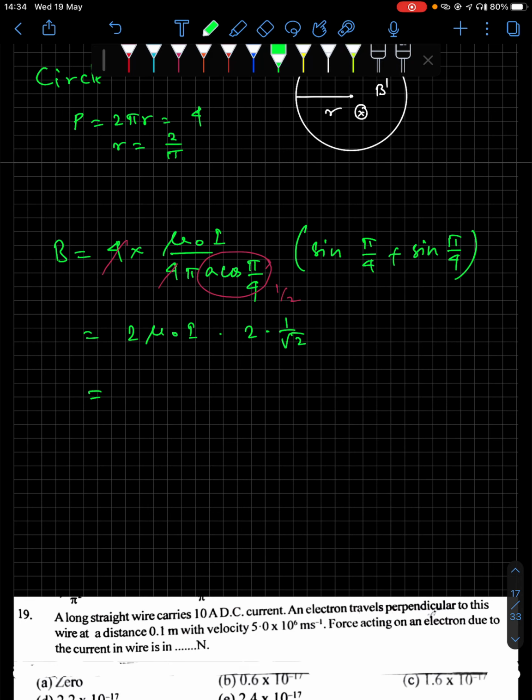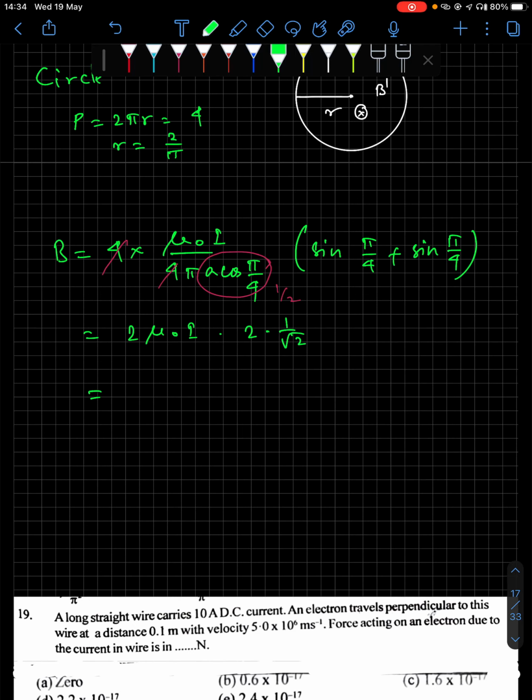Did I make a mistake here? 4 cancels. This half in the denominator goes in the numerator. Okay, no problem. It's correct.